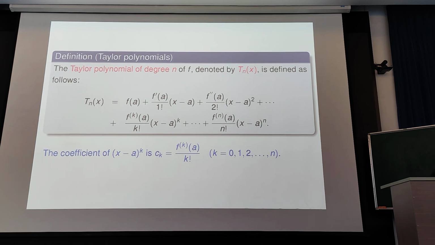Okay, so we have seen the Taylor series generated by a function. Now we have a new object to look at, the so-called Taylor polynomial. That means we take only the sum of the first n terms in the Taylor series, and you know that is the partial sum of the Taylor series, right?